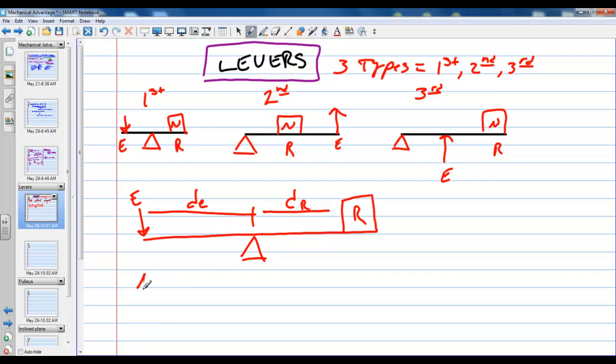IMA is equal to distance of the effort over distance of the resistance. That gives us our ideal mechanical advantage. Or we could figure out our AMA, which is the force of the resistance over the force of the effort. So we can figure out both of those and get an efficiency.